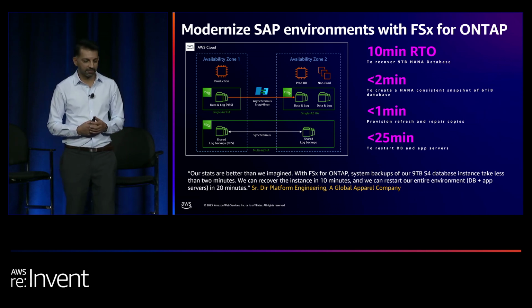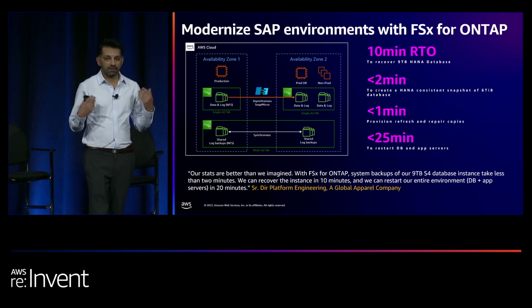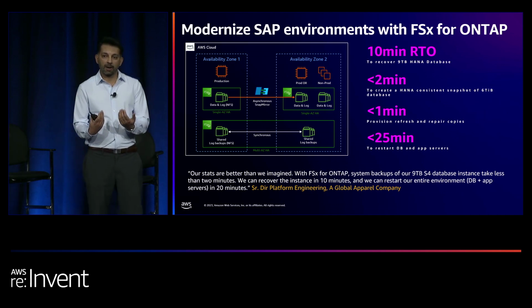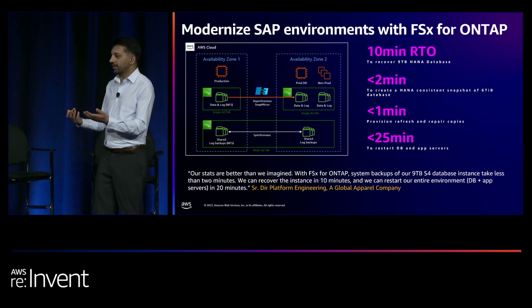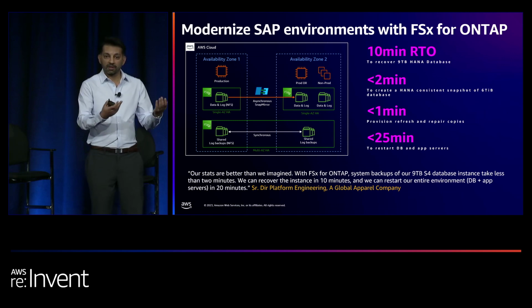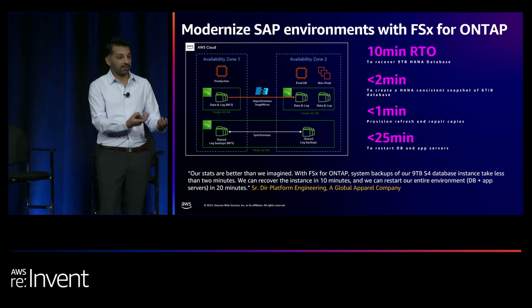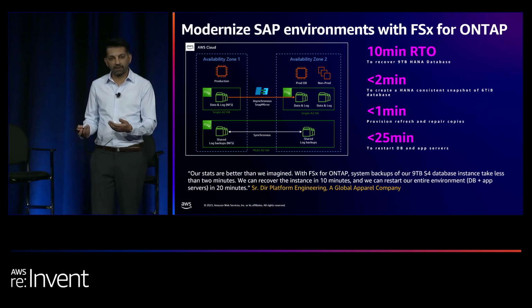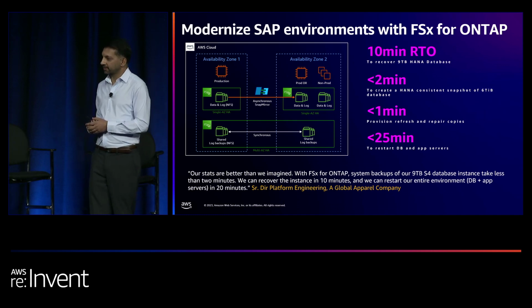That's the kind of speed that these customers are looking for, and FSx for ONTAP helps them achieve these highly aggressive SLAs. They were also able to take advantage of a single storage solution, providing the flexibility of single AZ and multi-AZ for different HANA datasets. So for example, they put the HANA databases on a single AZ file system, while the shared files live on a multi-AZ file system.